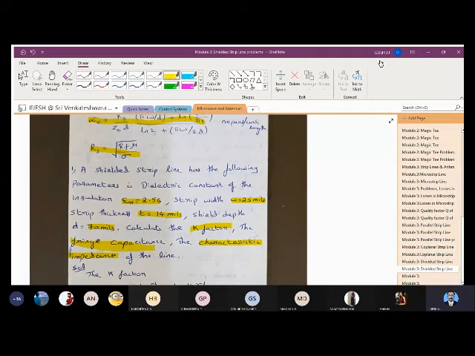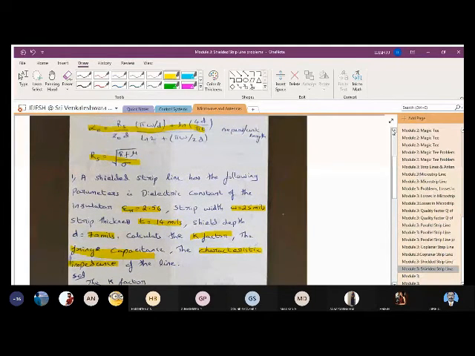This much time is required to find K. What is the answer for K?